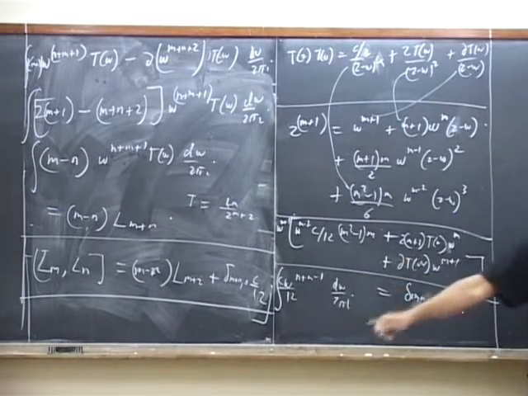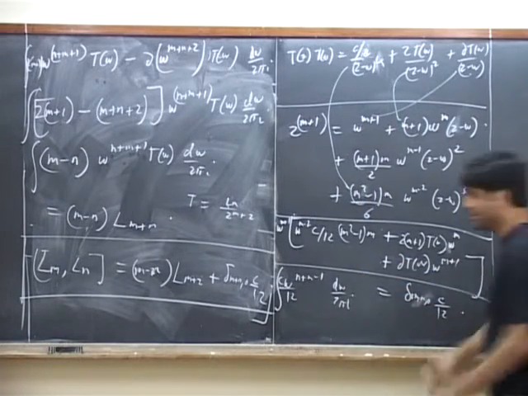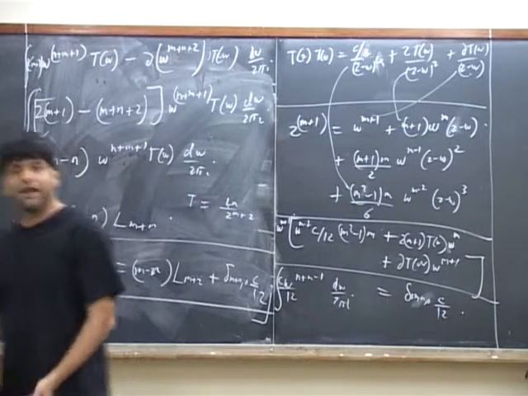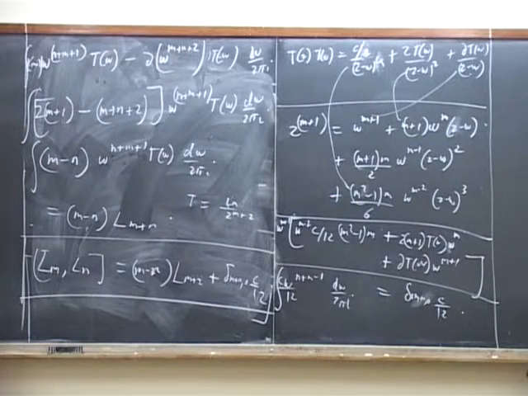So these commutation relations are sort of well known. They define what is called the Virasoro symmetry. It's very important.